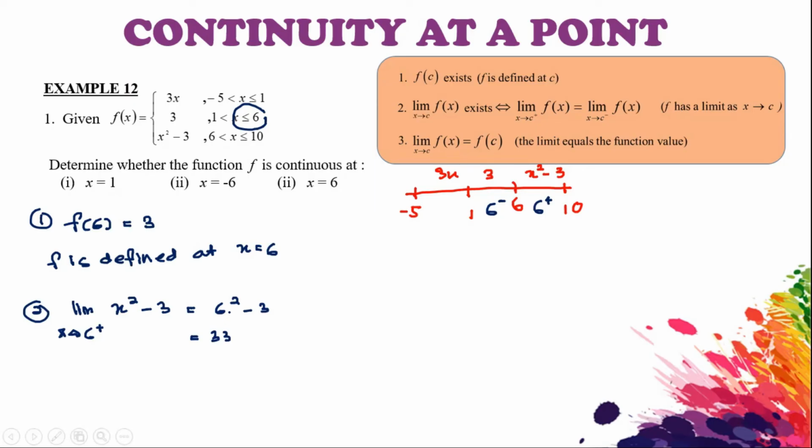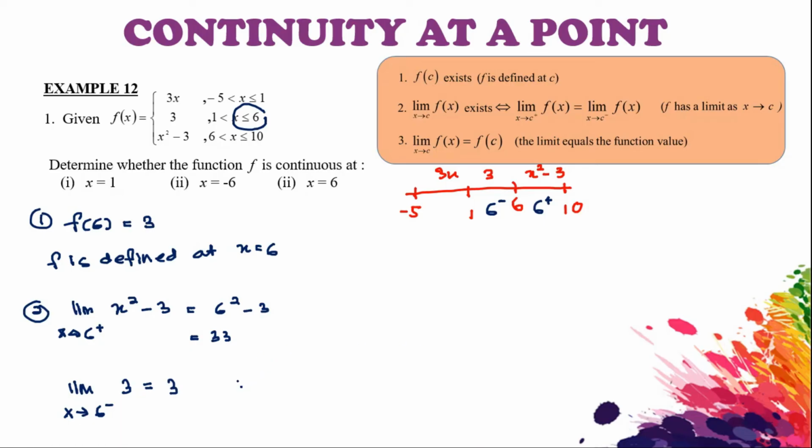Next we will find the limit from the left. So we have the limit as x approaches 6 from the left. Which function is this? We have 3 here. This is a constant, therefore this will be 3.